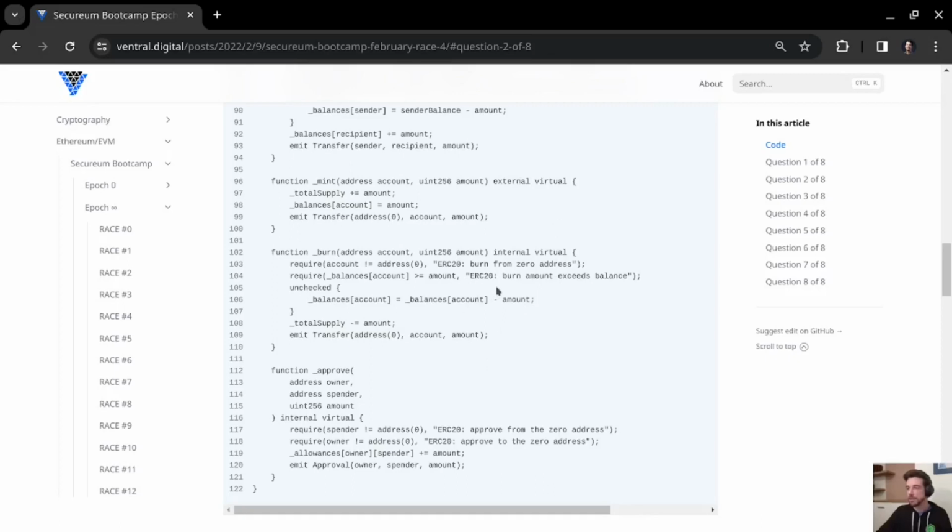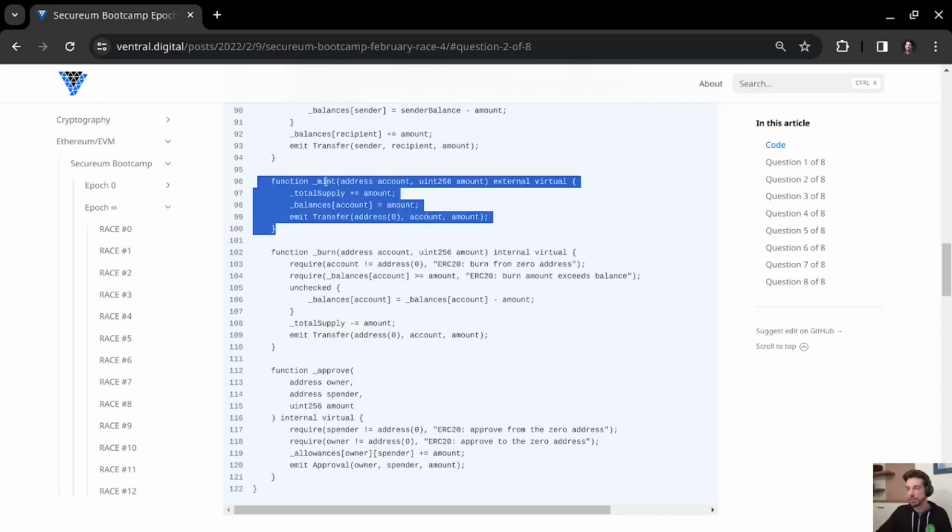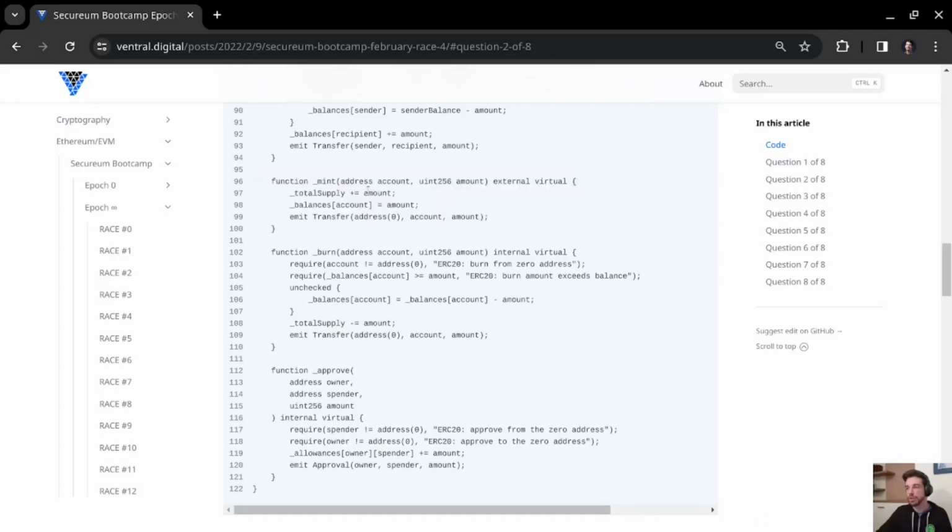But that doesn't make sense, because an external mint function allows anyone to just mint arbitrary amounts, and we definitely do not want that. There should at least be some sort of authentication going on here to make sure that only authenticated users are able to mint tokens.